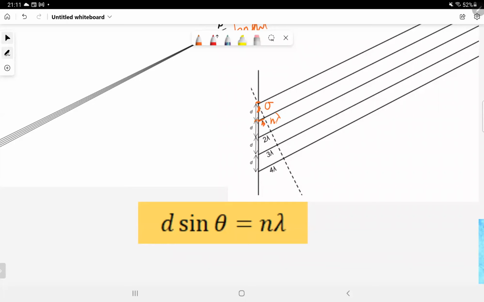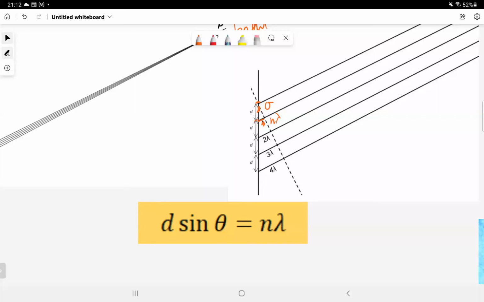So if slit 1 and slit 2 have a path difference of n lambda, that allows them to constructively interfere. Then slit 2 and slit 3 will also have a path difference of n lambda. So 2 and 3 will also constructively interfere, which means 1 and 3 will also constructively interfere because they will have a difference of 2n lambda. But who cares? As long as the integer lambda works, and so on and so forth.